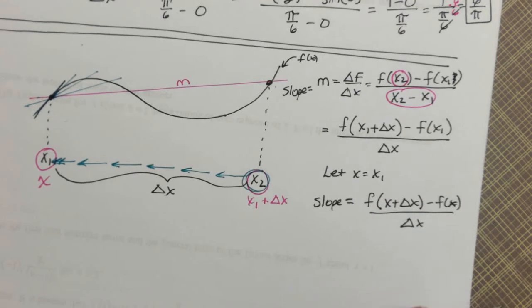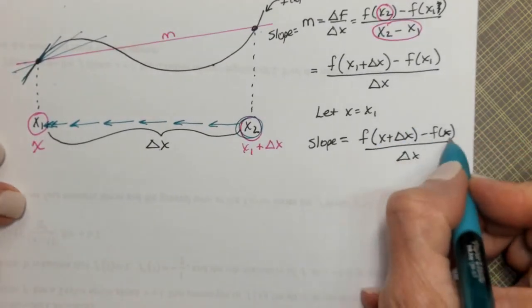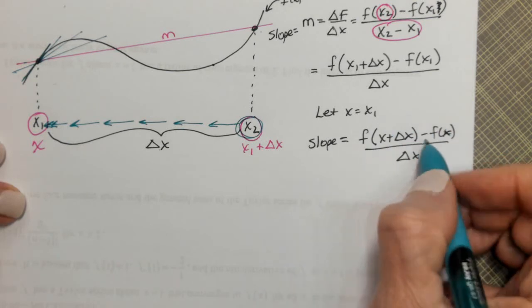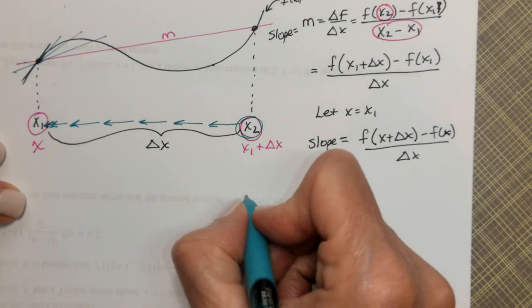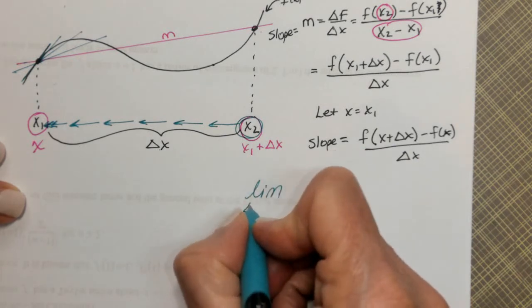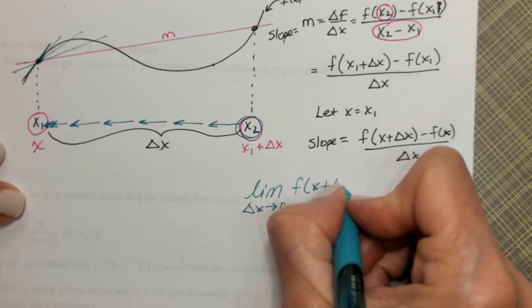So we're going to take this equation for slope, and we're going to let delta x go to 0. We're going to take the limit as delta x goes to 0 of that expression.